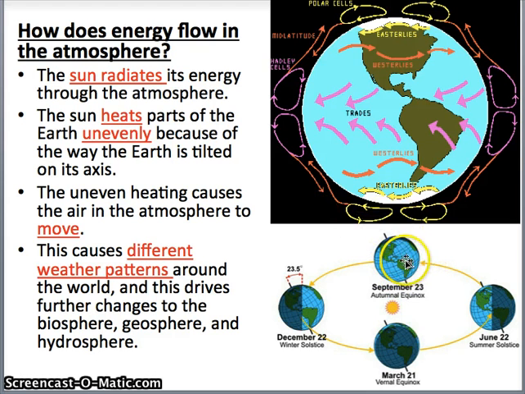Now, because there's different amounts of sunlight in different parts of the world, the sun will heat up some parts of the world hotter than others, and this uneven distribution of the heat will actually cause the air to flow. And when the air flows, it produces winds, and it also causes different weather patterns. And that's how energy flows through the atmosphere.